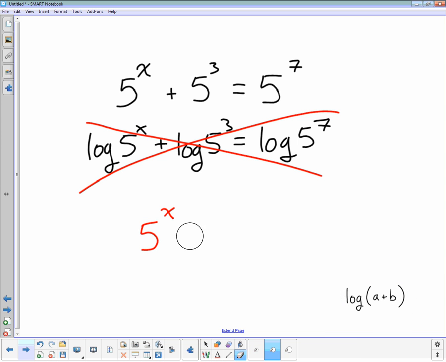Actually, you can't. With this, you would just do 125 equals 5 to the 7, whatever the heck 5 to the 7 is.